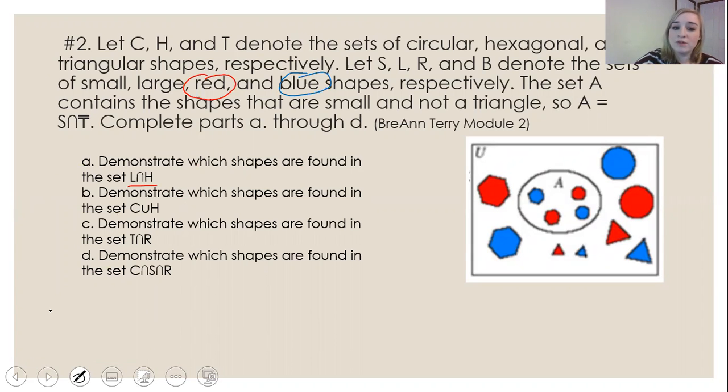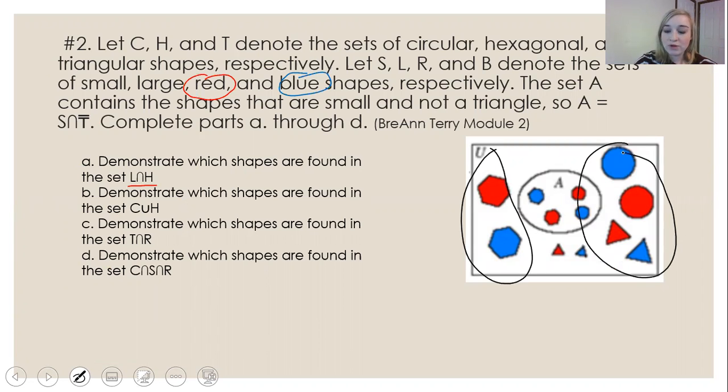All the shapes have to be large, so we can circle the large shapes. We've ruled out all these other ones, and they can be hexagonal or they can just be large. So basically for this one, we are making sure that the only shapes that are included in A are going to be large and hexagonal. And that's really all there is to this. There's not really any work to do, but we just know that this means what we've circled here.